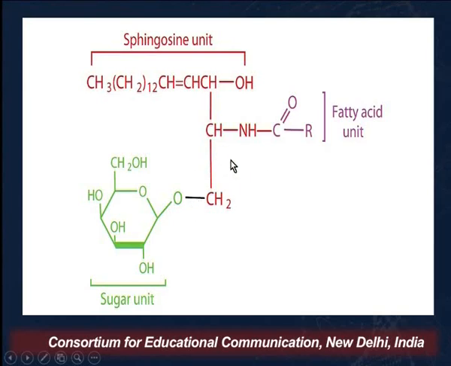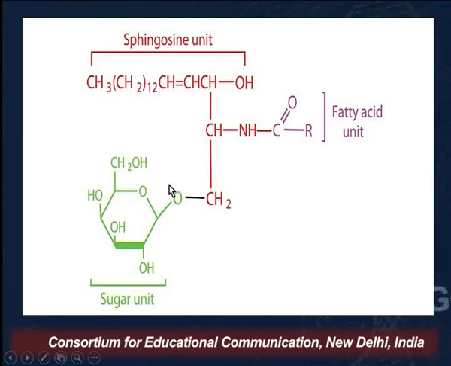Here we have a ceramide, and I've shown you a very simple structure of a cerebroside. So what we find is that this is the sphingosine unit. Here the OH of the sphingosine or the ceramide is entering into a glycosidic bond with the OH on the first carbon of the sugar unit.